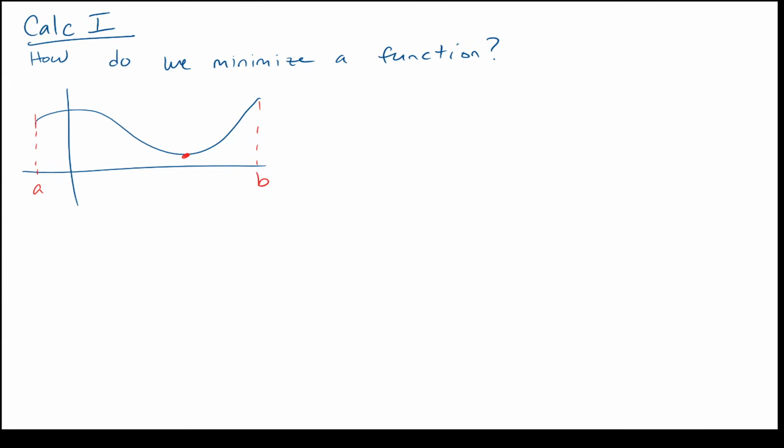So how do I find that point? If this is f of x, then this point is when f prime of x equals 0, right? When the tangent line has a horizontal slope or no slope at all. And I won't go through it, but also the second derivative at this point is positive, right? Concave up. Although we won't do the second derivative test for this, we will just know that it's a minimum.